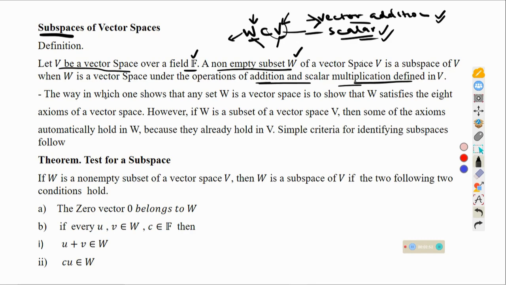Here we are saying the way in which one shows that any set W is a vector space is to show that W satisfies the 8 axioms of a vector space.